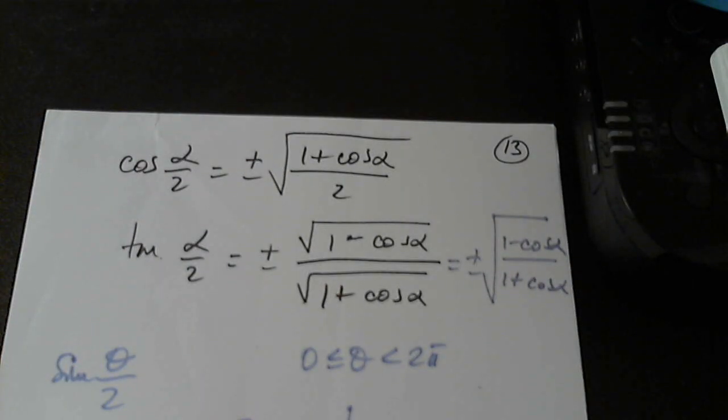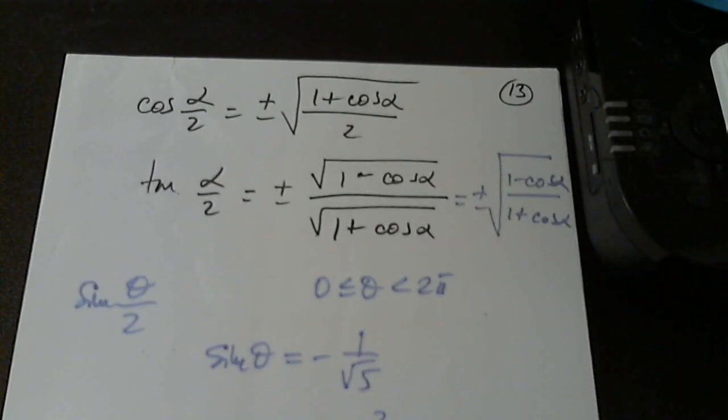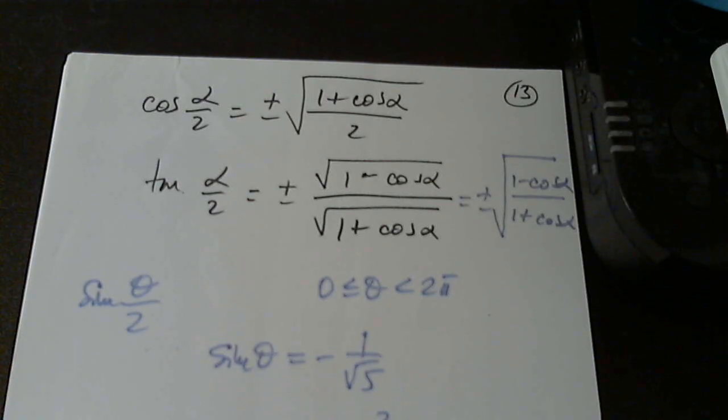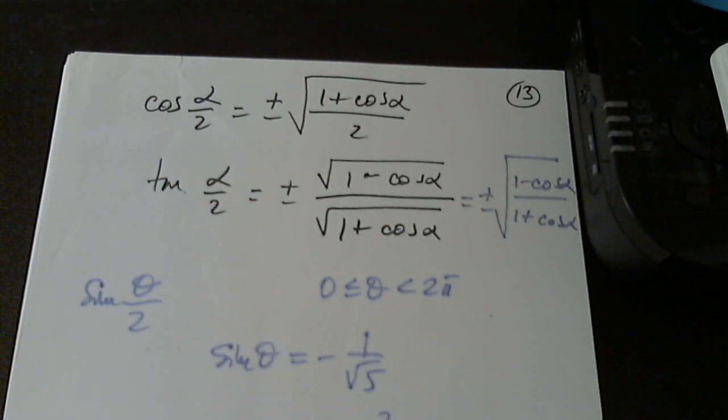Good. So sine theta over 2 is plus or minus the square root of 1 minus cosine theta divided by 2. Now, we have to wonder what's going on here. Let me see what else we had.